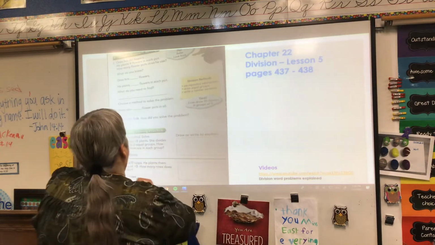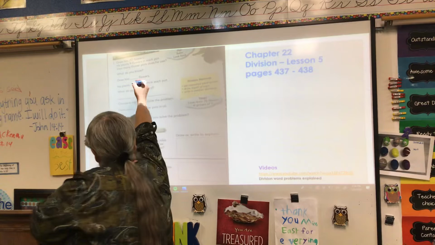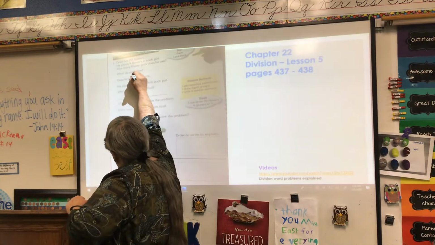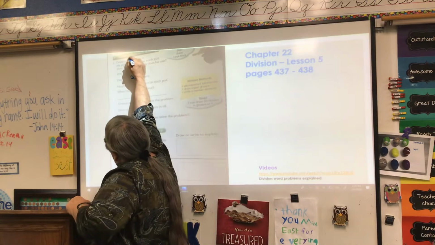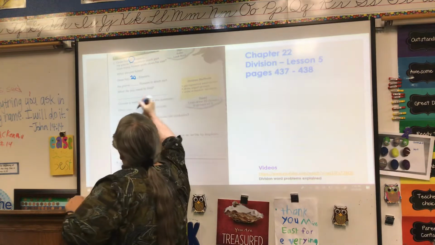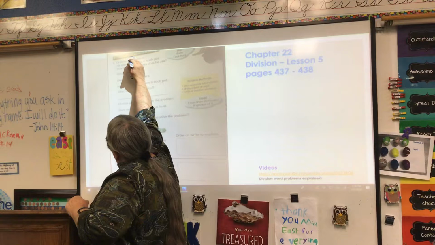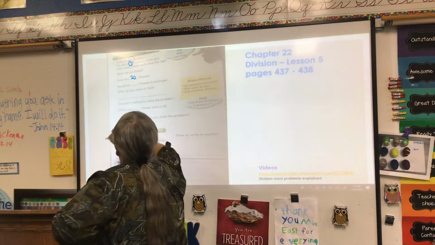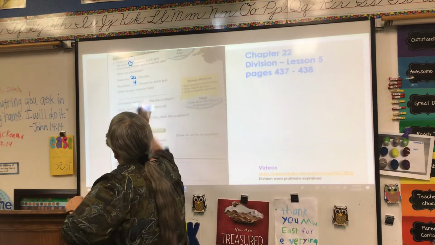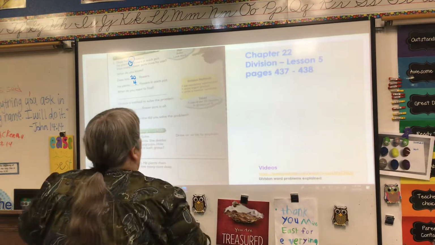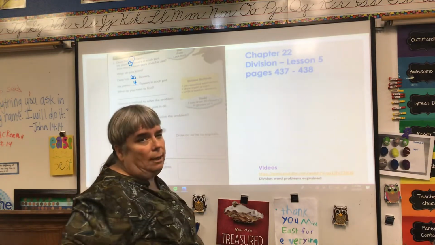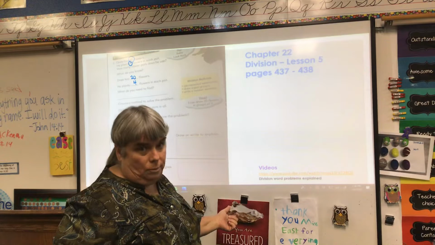What do you know? Well, first of all, I know that Drew has 20 flowers. I can circle 20. And he plants some amount, 4. He plants 4 flowers in each pot. So it looks like I'm trying to figure out how many equal groups I have.